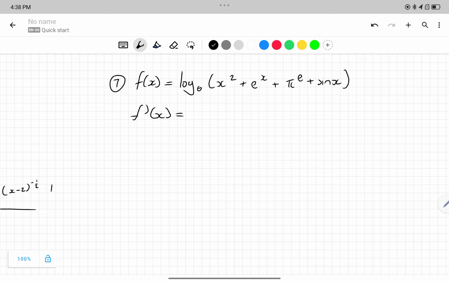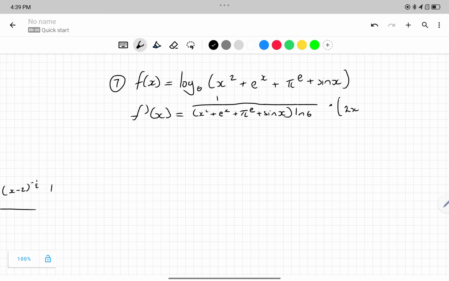It's different, and different is always nice. So I'm going to write 1 over x squared plus e to the x plus pi to the e plus sin x. This is our first part. Then we're going to derive the inside, and I hope you have the notations down.